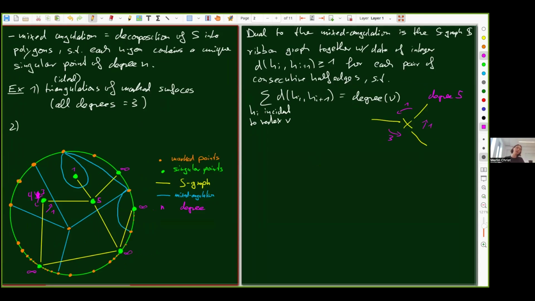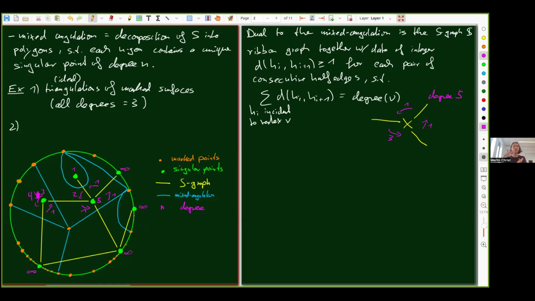Because the way you get the degree is by looking at how many boundary edges are skipped, basically. And every boundary edge which is skipped tells you that you have to add 1 to the degree. So the degree here is 1. No, it's actually 2. Here it is 1, and here it is 1, and here it is 1. Anyway, the degrees are not so important. They're basically some grading information.